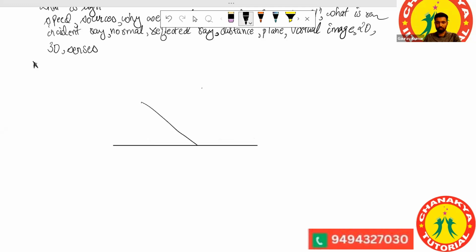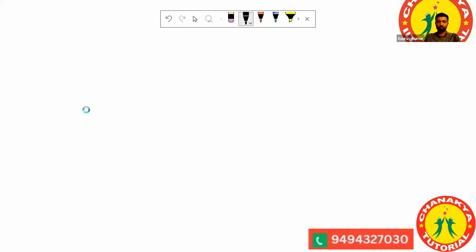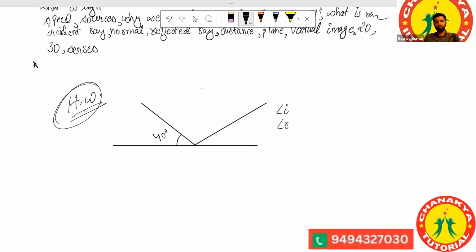Light is coming like this and going like this, and it is making an angle of 40 degrees. You have to tell me what the angle of incidence is and what the angle of reflection is. This is your homework.